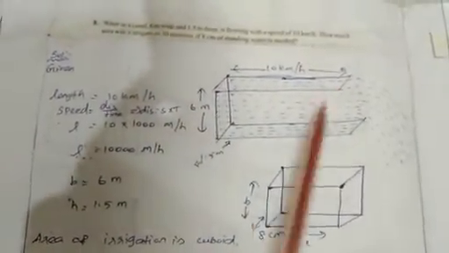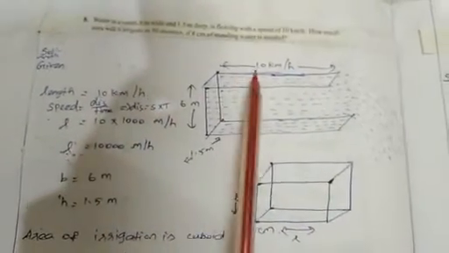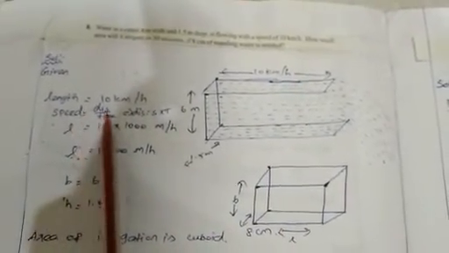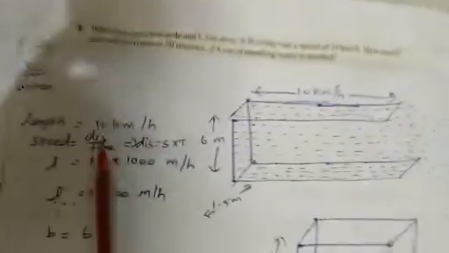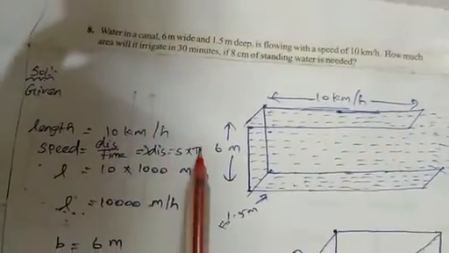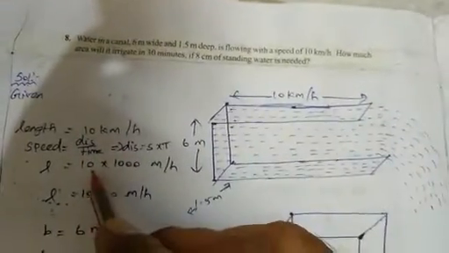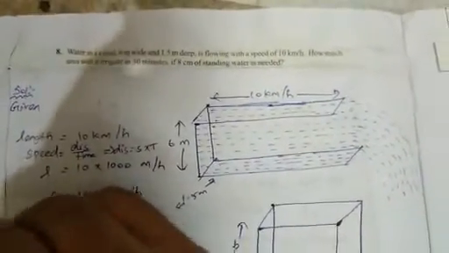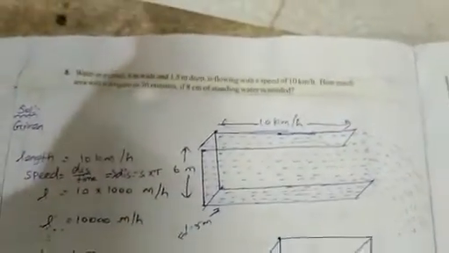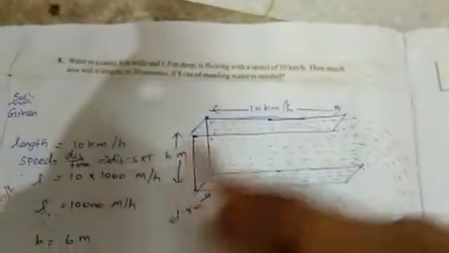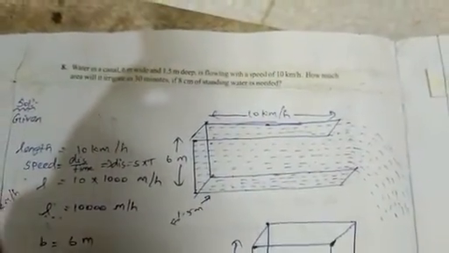Here the length is 10 kilometer per hour. Speed is nothing but distance divided by time, so distance equals speed into time. The speed here is given as 10 kilometer. We need to find the distance now, that is distance equal to speed, 10 kilometer per hour. Here the remaining data is all in meter, so we need to convert.